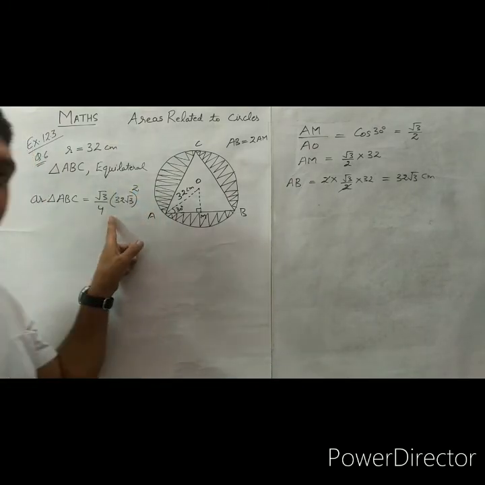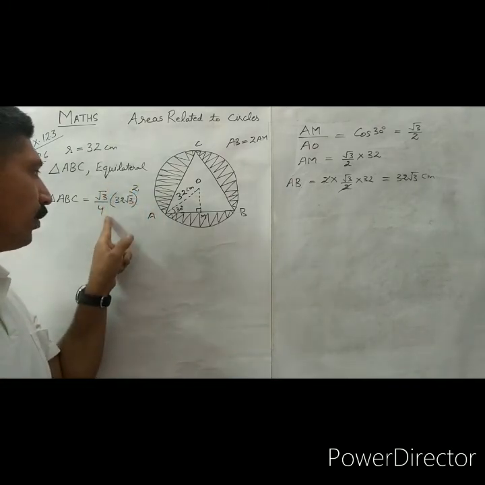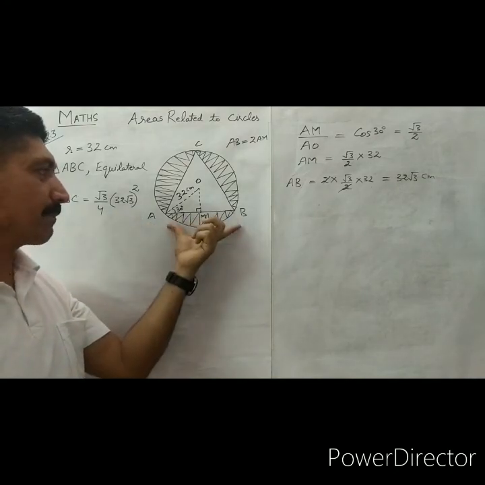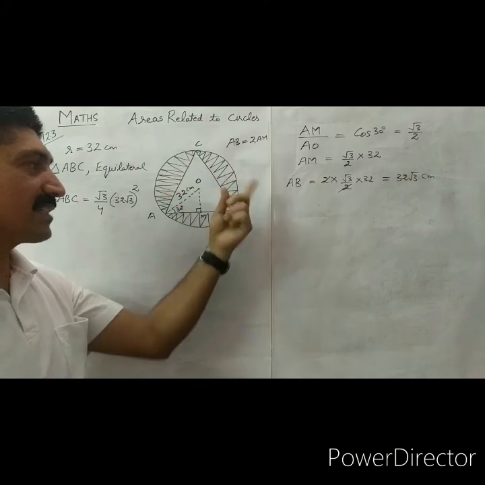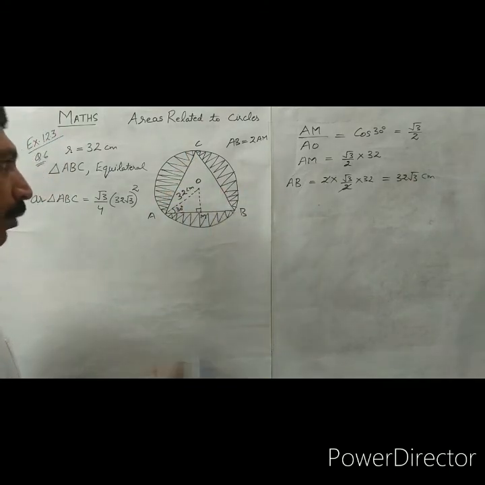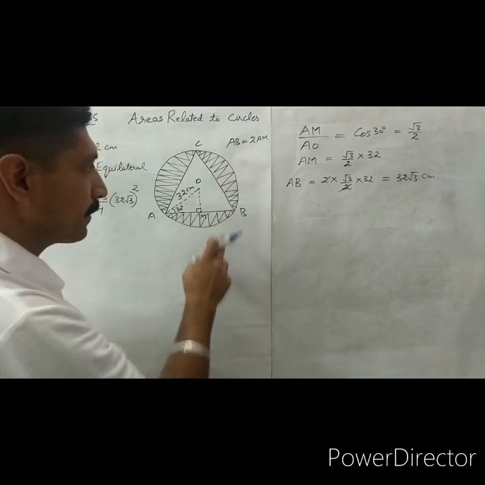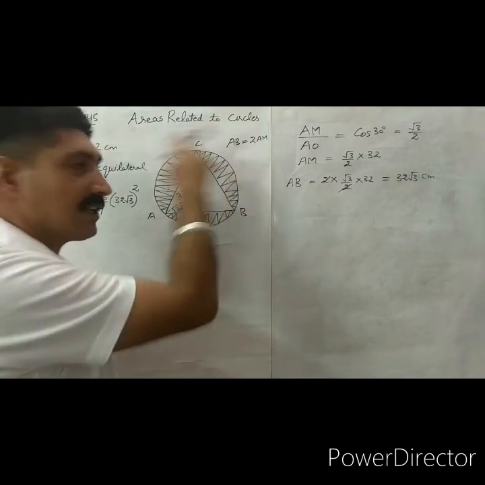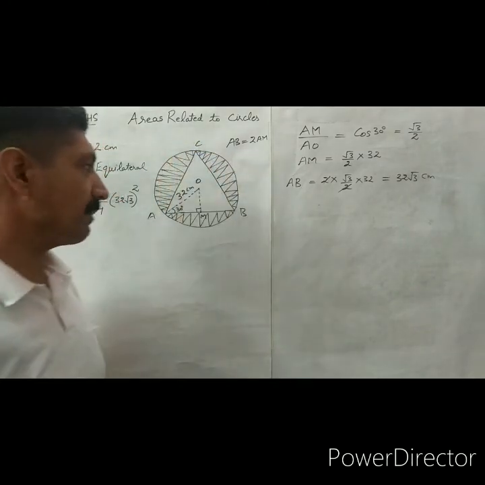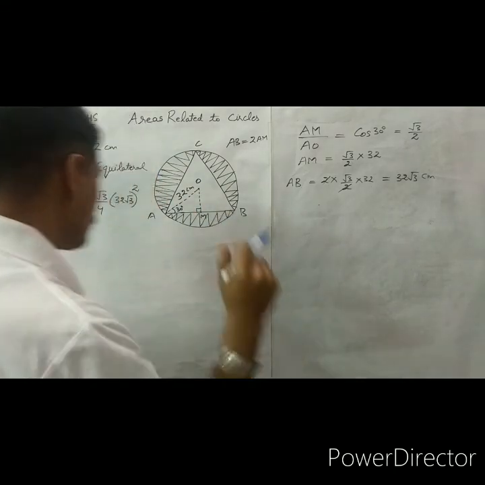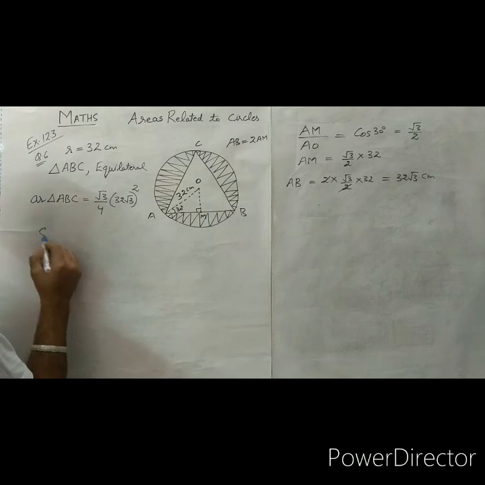Area of equilateral triangle is under root 3 upon 4 into side square. Side is here AB or BC, AC, all three sides are equal. Now the required area, shaded area here is equal to area of the circle, that is pi r square, minus area of this equilateral triangle.